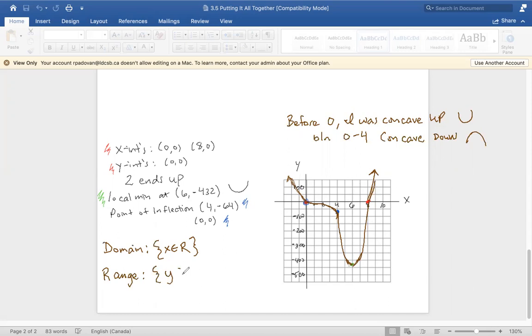Y belongs to the set of real numbers. I'm going to continue on to the positive Y, but I do stop here and don't go any lower. So such that Y is, what value is that? Negative 432. So Y is greater than or equal to negative 432, because it is a solid closed-in circle there.